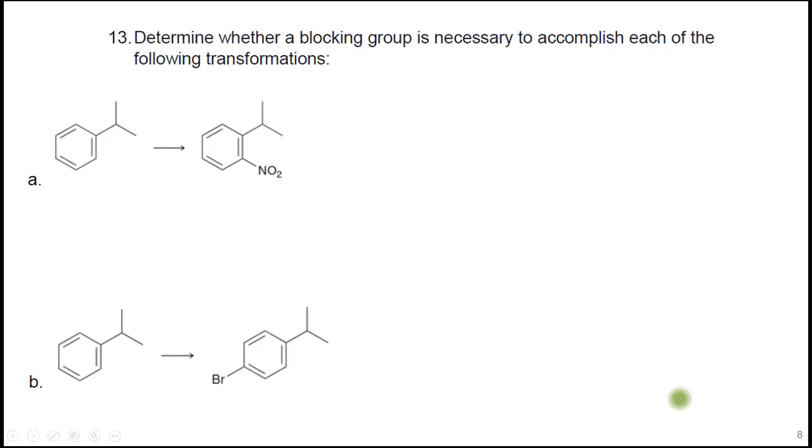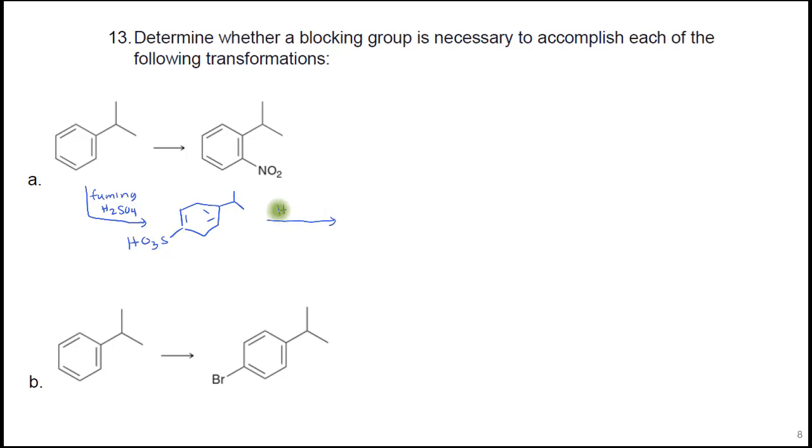All right, so if we're looking at reagents to add a nitro group on a carbon that is already there, this one we would need to use a blocking group because the nitro group that we're adding is ortho. So to add the blocking group, I'll use fuming sulfuric acid. And that will put my group over here.